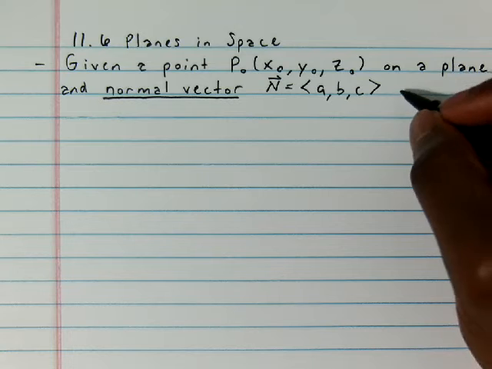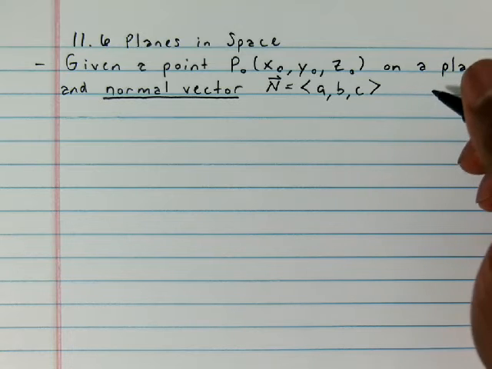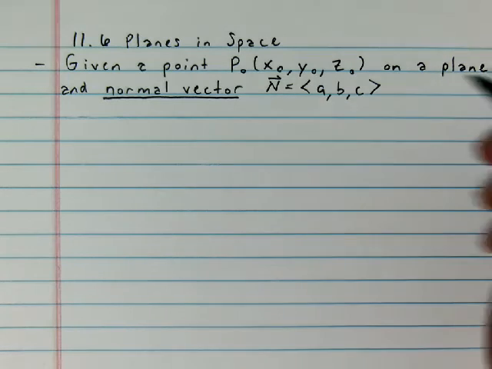Normal vectors are what are called perpendicular to whatever plane it is that we're referencing.